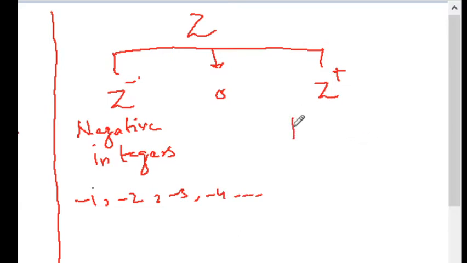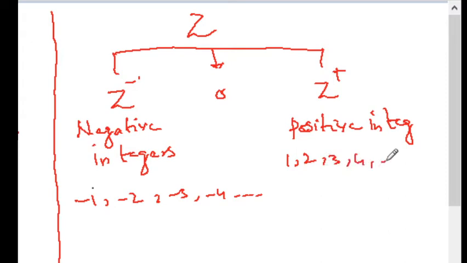And these are positive integers, and they are 1, 2, 3, 4, and so on. Note that this set is also natural numbers. So natural numbers are positive integers. Integers consist of negative integers, positive integers and 0. Okay, that is about integers.